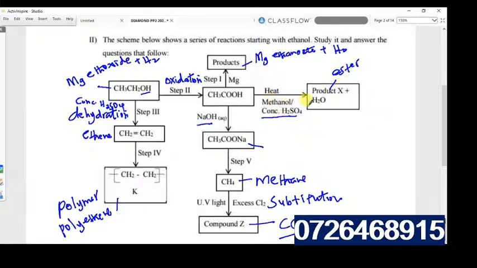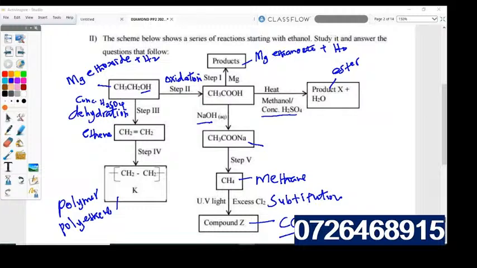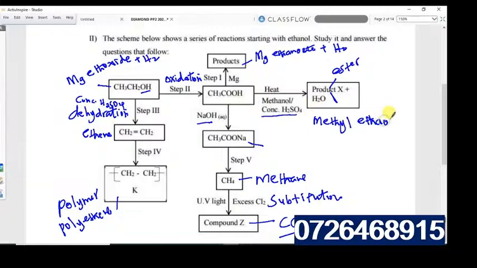So we are going to form methyl ethanoate. X is methyl ethanoate, which we will write as CH3COOCH3. This is an ester called methyl ethanoate.